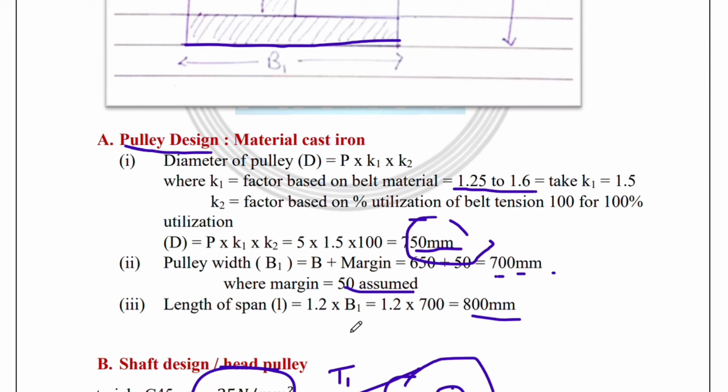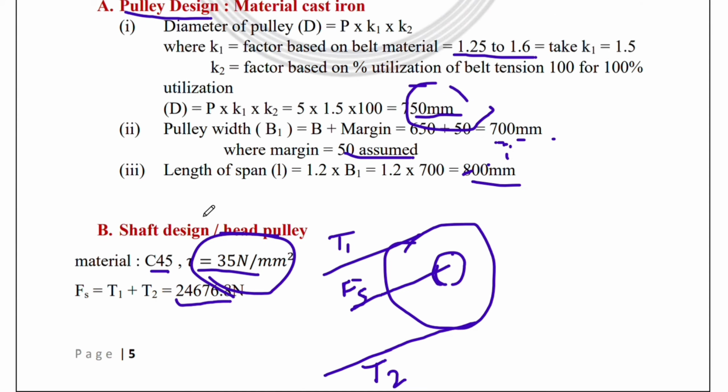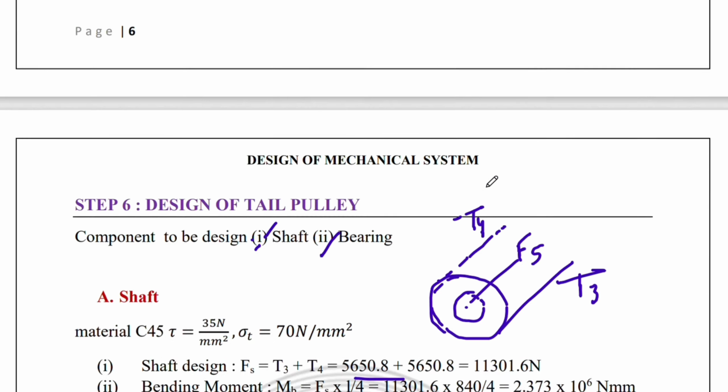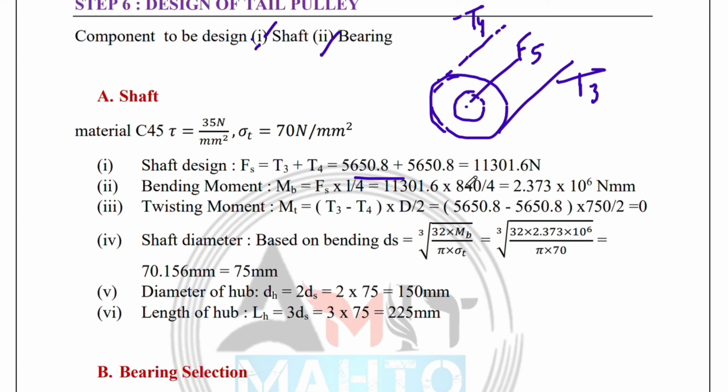Length of span: we multiply this 700 (B1) into 1.2, so the answer will be 840. So the length of span will be 840. Put the value 840, divide by 4, and you will get the bending moment.